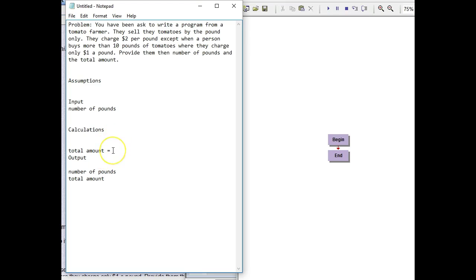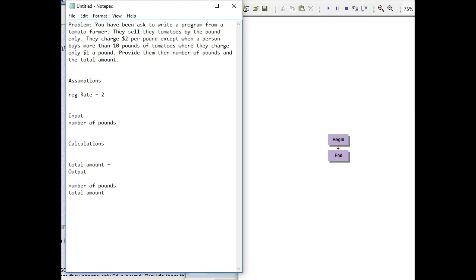And now I'm going to go get my low-hanging fruit, which would be my constants. So I have a 2, a 10, and a 1. Those have to be placed in assumptions, at the bottom of the assumptions. So $2 is the normal rate, so we'll call that reg rate equals 2. Now you don't put the dollar sign because that's text, so I'm just going to leave it as a binary number.